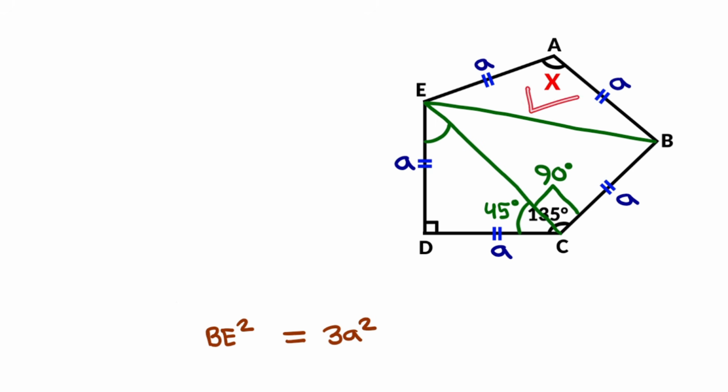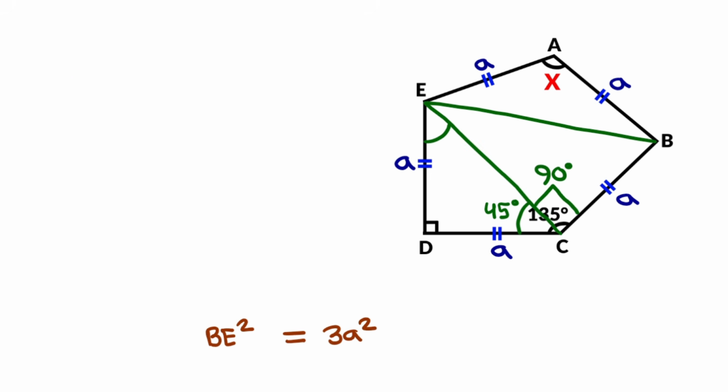Look at triangle ABE. Side AB equals A, side AE equals A. And we've just found that BE squared equals 3A squared. Our goal is to find the angle between the two equal sides, angle EAB, which is X. Since we know all three sides, the perfect tool here is the law of cosines.